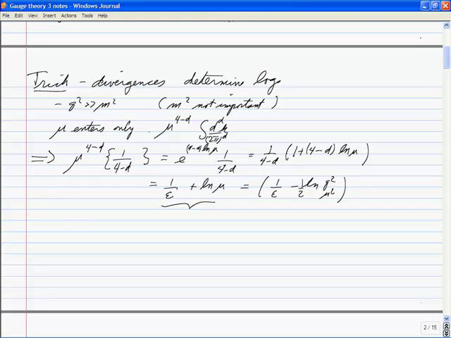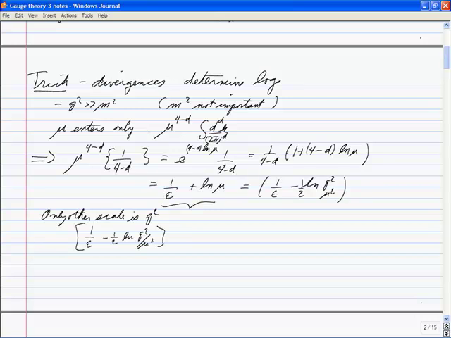But then, since the only other scale is q squared, you know that this has to then be 1 over epsilon minus 1/2 log q squared over mu squared.